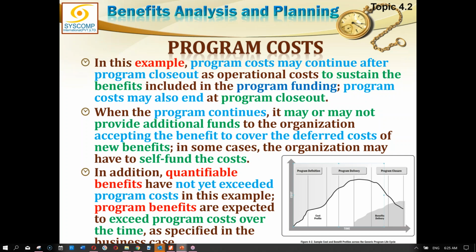Normally, we wish we could have achieved all the benefits of the program within the life of the program. But you see, NASA started as a program and had such a large target of exploring the frontiers of the universe. They ultimately found out that this could not be covered in one program.